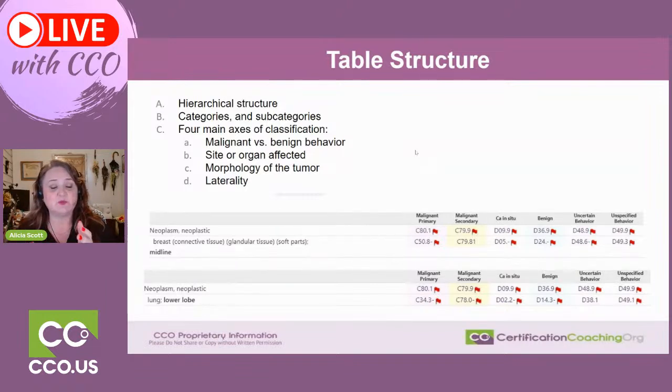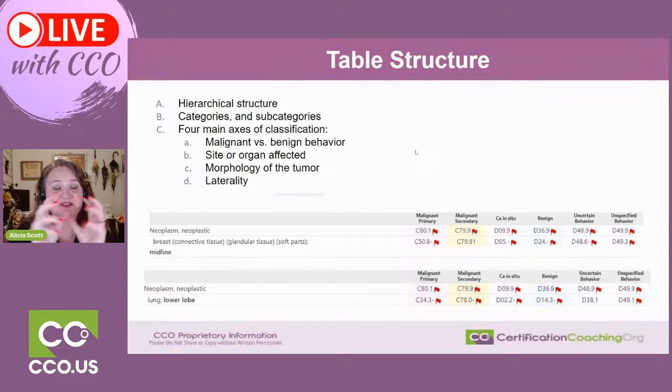If it's malignant, we have to ask ourselves, is it primary or secondary? If it's benign, we're good. We can stop there. Cancer in situ is malignant, but it's a specific type of encapsulated malignancy. It doesn't metastasize like primary and secondary malignancies do.